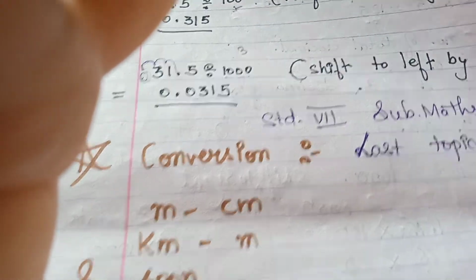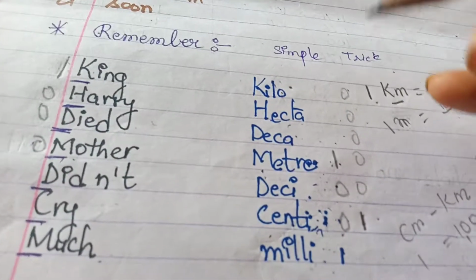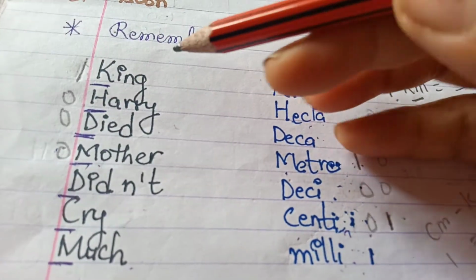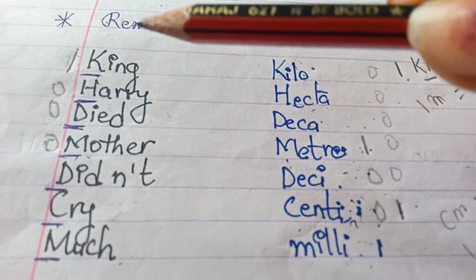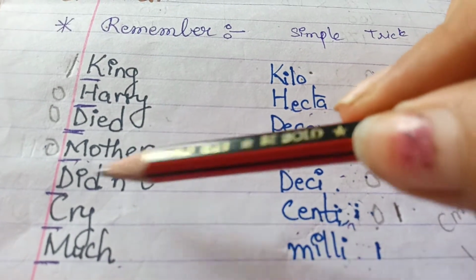Now come to conversion. The last topic is conversion. For this you have to remember one proverb, which we write so that our conversion is not incorrect. King Harry died, mother didn't cry much.